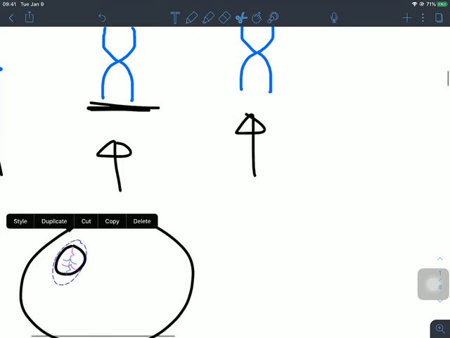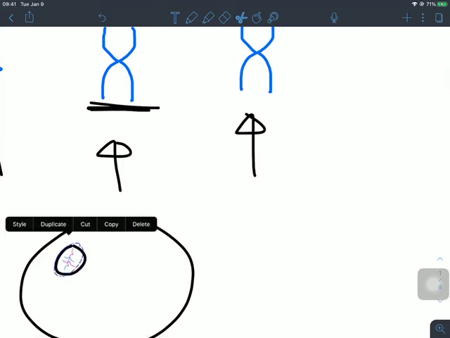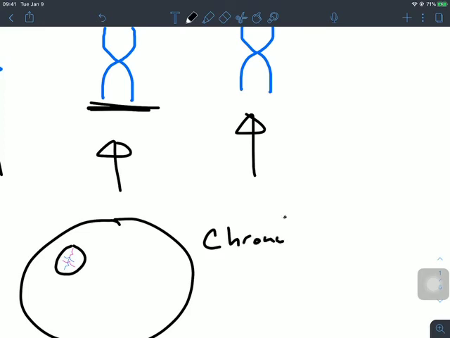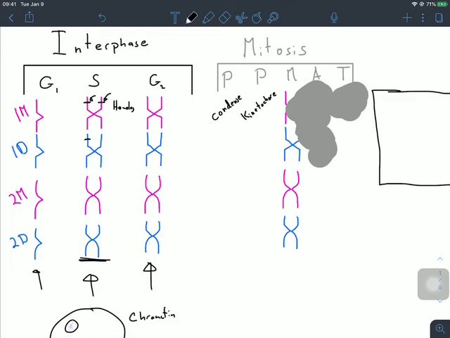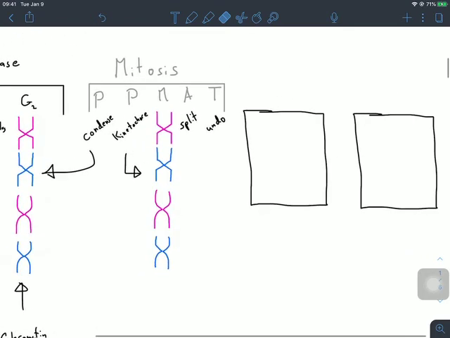Completely uncondensed, as chromatin, during G1, S phase, and G2. They start forming into the shapes that you would recognize, and then ultimately move to their locations that you'll recognize in metaphase. In anaphase, things split up, and in telophase, we undo the steps in prophase.